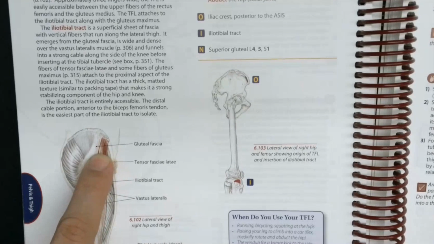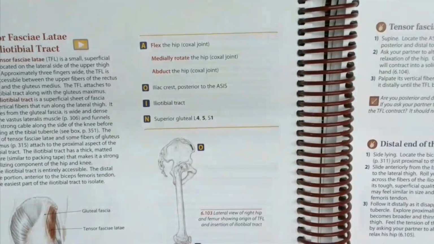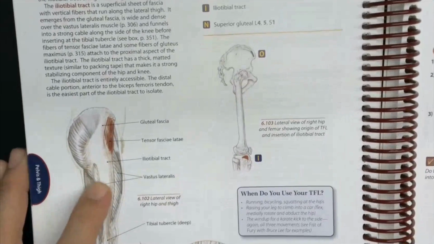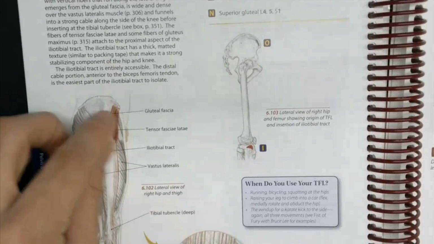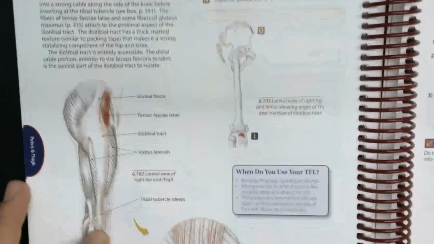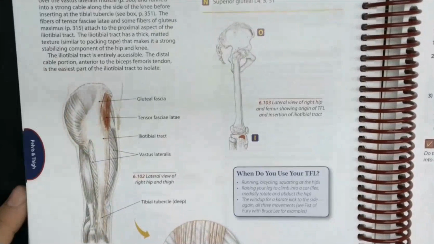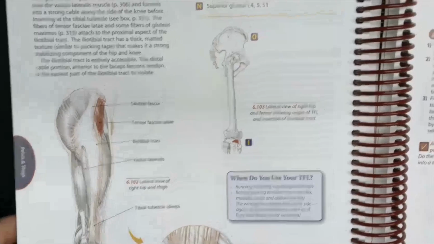This muscle is responsible for medial rotation, abduction, and flexion of the hip. And here's a nice primary image of our IT band, running from the greater trochanter on the lateral side of the hip all the way down just past the knee, which again supports the joints that it passes by. So TFL, tensor fascia latae, pretty cool muscle.